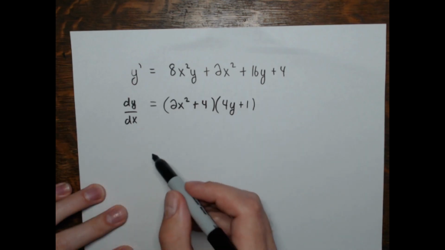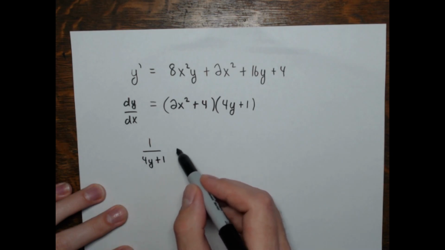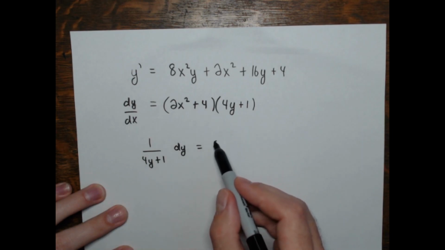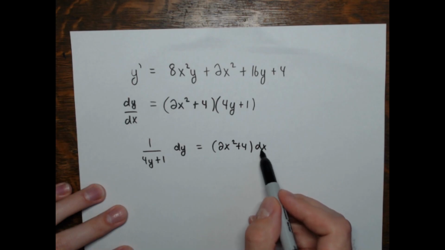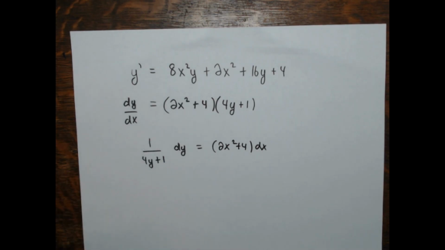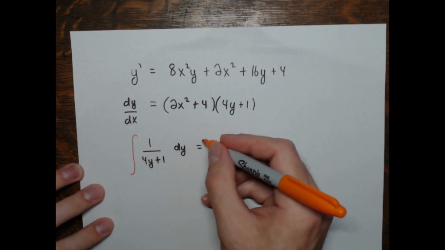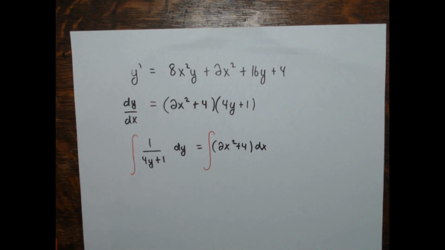So separating the variables now, you got 1 over 4y plus 1 with the dy on the left, and then moving the differential of x on the right, you got your 2x squared plus 4 dx on the right side. And to go about solving this, we then integrate with respect to y on the left and with respect to x on the right.